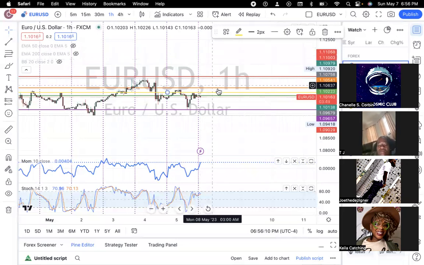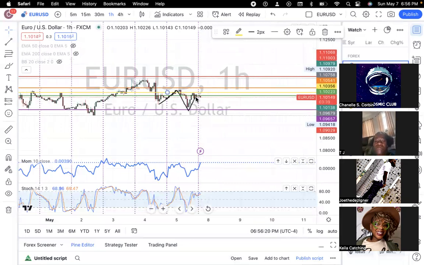I might get in at market now, but I'm also going to be setting a sell limit up here at this orange line, simply because with the head and shoulders, it might go up a little higher. So I'm gonna set a sell limit here, and I'm also gonna take a market execution down here. So even if this one doesn't trigger, I'm still in profit for a little bit, and I'm just gonna set my TP at the purple line.